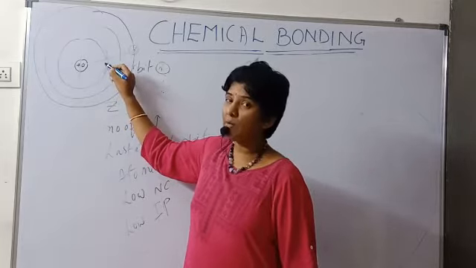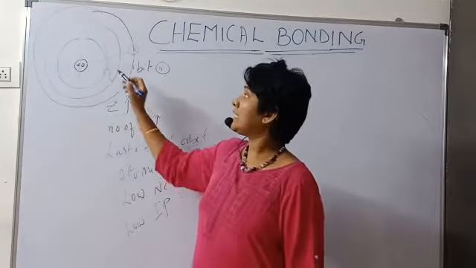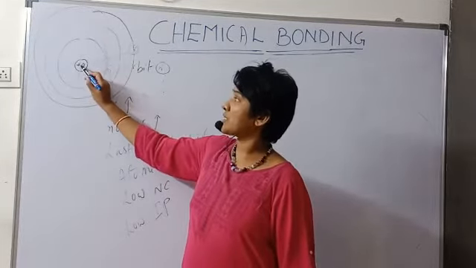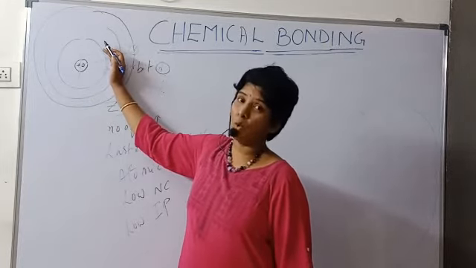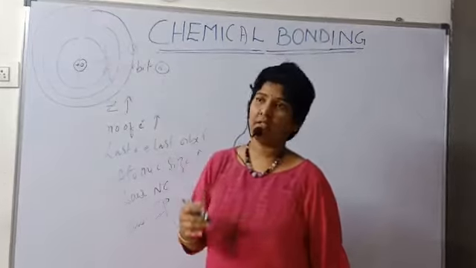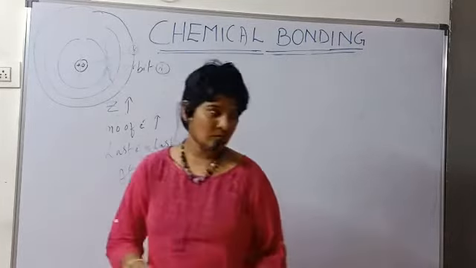So it is strongly held by the nucleus. In this case, the energy required to break the attraction between the nucleus and the small atom's electron is more. So this is what we have learned.